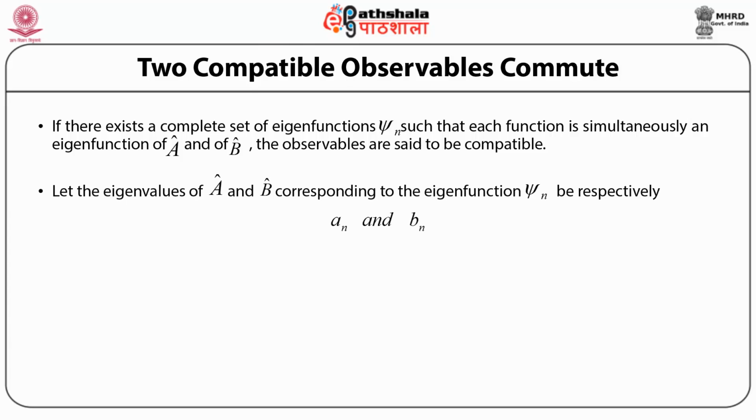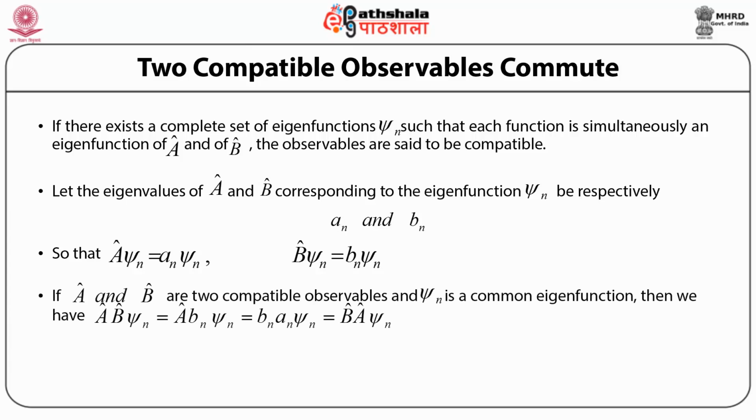Let the eigenvalues of operator A and operator B corresponding to the eigenfunction psi n be respectively an and bn, so that operator A acting on psi n is equal to an times psi n and operator B acting on psi n is equal to bn times psi n.